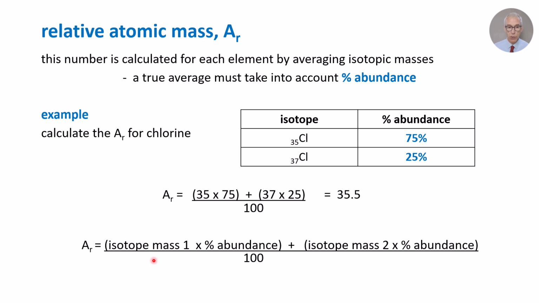So a lot of questions aren't simply calculate the relative atomic mass, but giving you the relative atomic mass and other pieces of data, calculate one of the missing items. Simply write out this formula with the unknown as x and calculate its value.